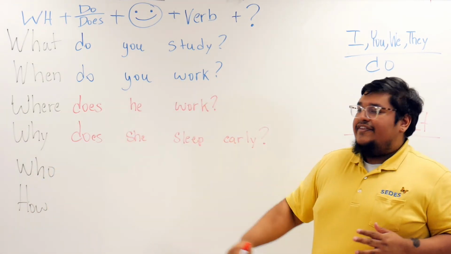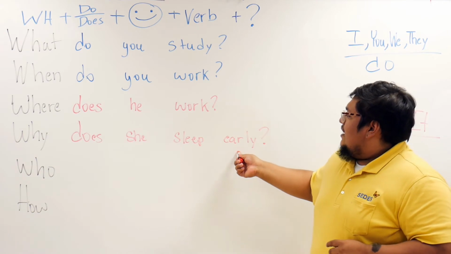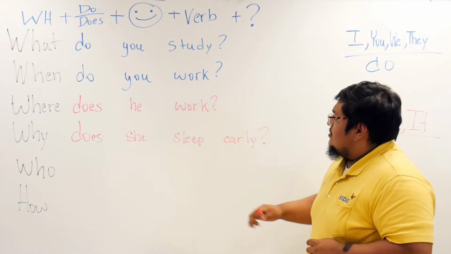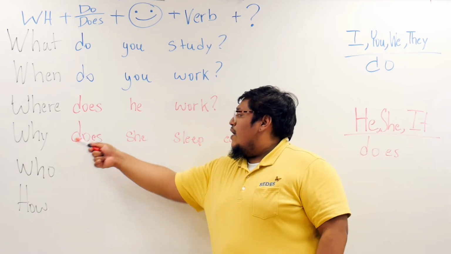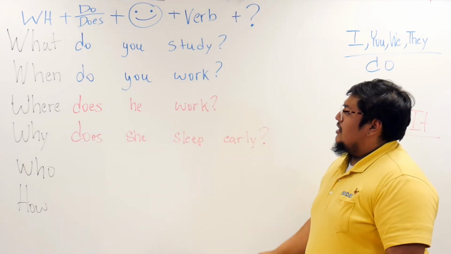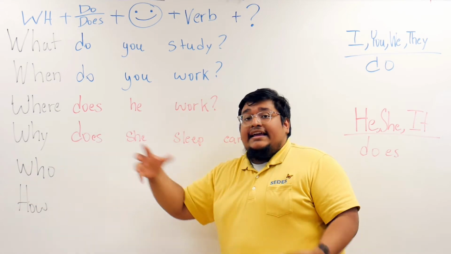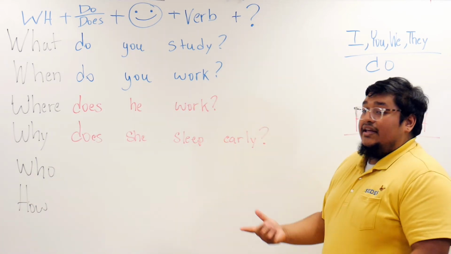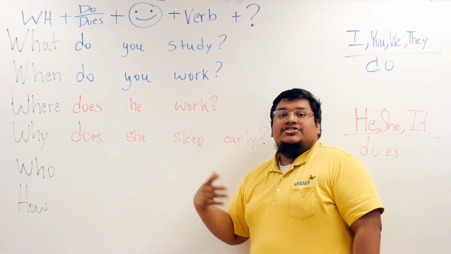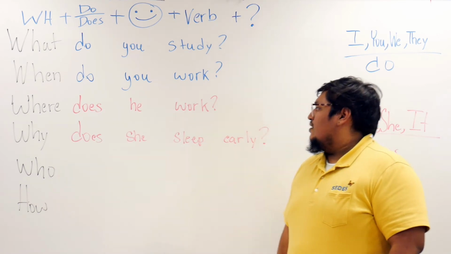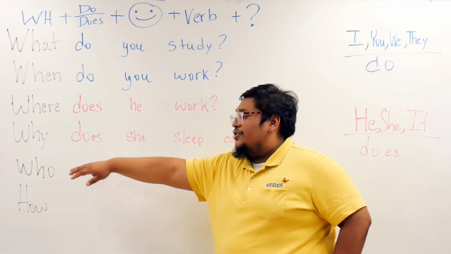So this is a little bit different, and this one I added a little bit extra to my question, but it still works. So why does she sleep early? So remember, why is for a reason. Maybe she works in the morning, right? So why does she sleep early? She works early in the morning. Good.